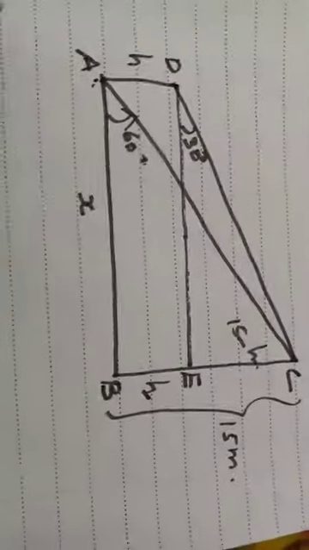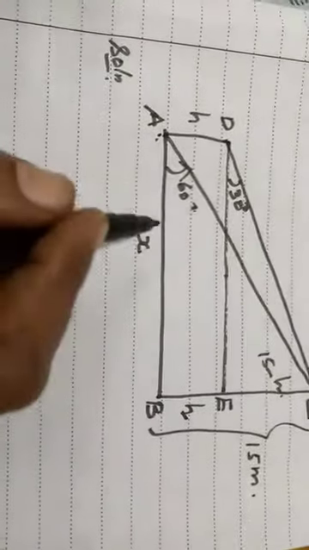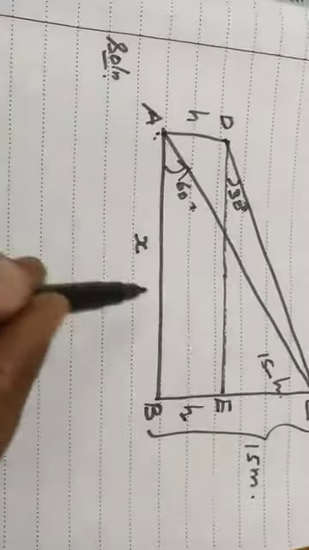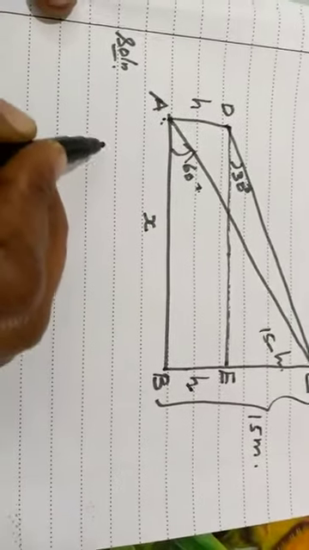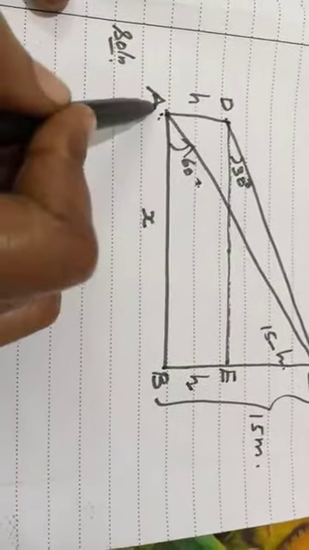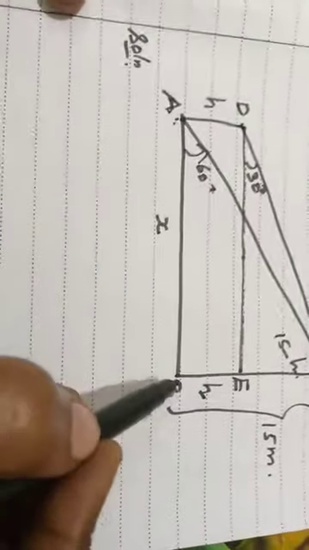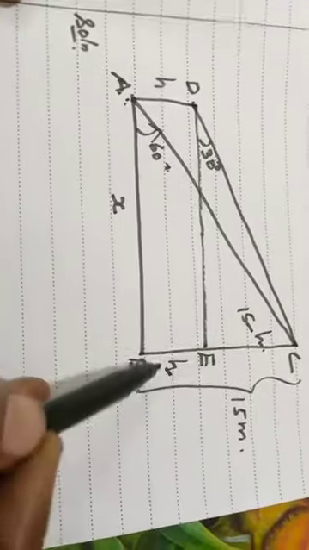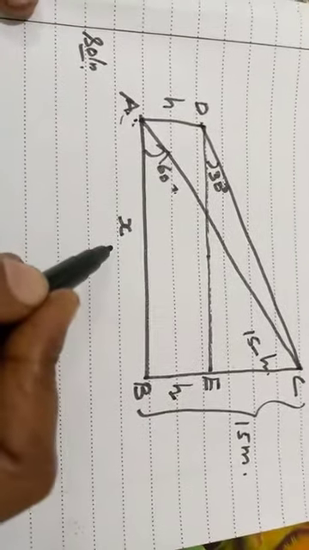So let's write the solution. I am explaining, after that you have to complete the remaining. Here AD be the electronic pole, then AB distance will be X, AB equals X you have to write.